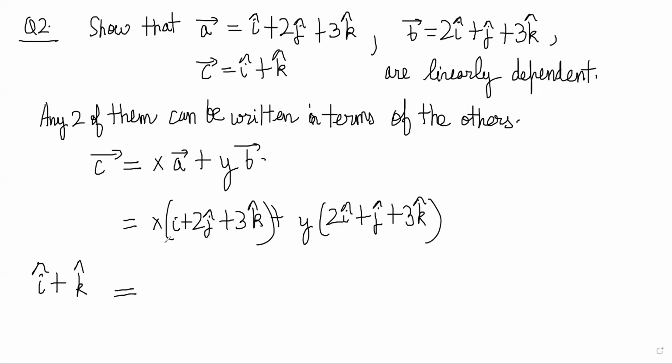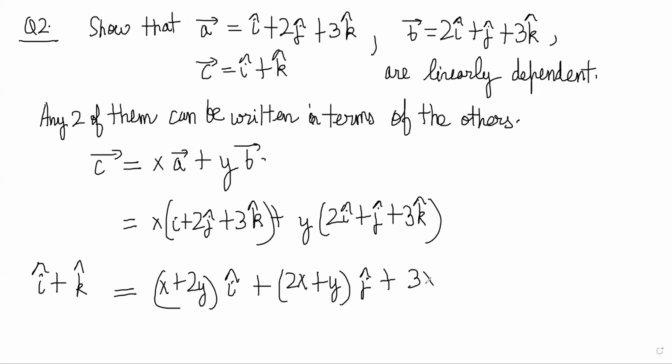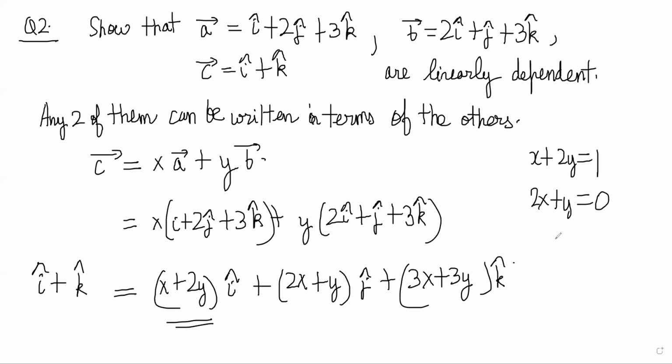So you're getting (x plus 2y) i plus (2x plus y) j plus (3x plus 3y) k. So notice that now we have x plus 2y should be 1, 2x plus y should be 0, and 3x plus 3y is 1.